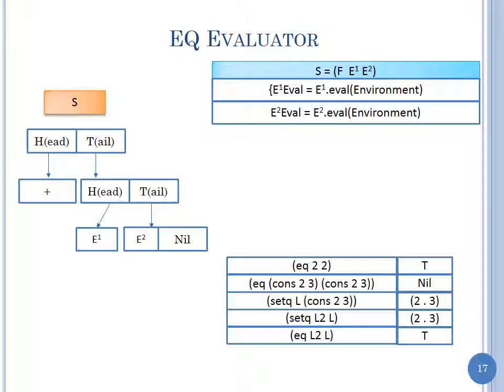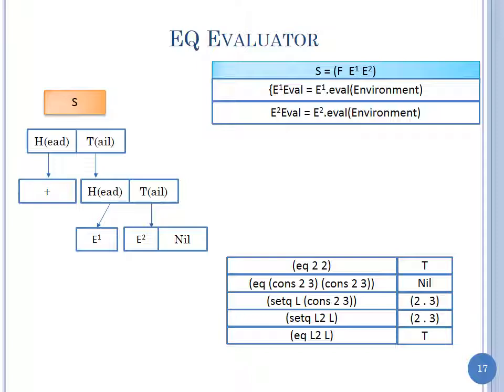Nathan? I have two examples, and I know that they're sort of specific, but I still want to ask them. If you have equals L and cons 2, 3, they're not the same instance, so that would be false. That can be false. But if you have equals setq L cons 2, 3, L, would it be pointing to the address that it returns 2.3 from, and then gets that address of the L that you just defined right before it, so that's all true?